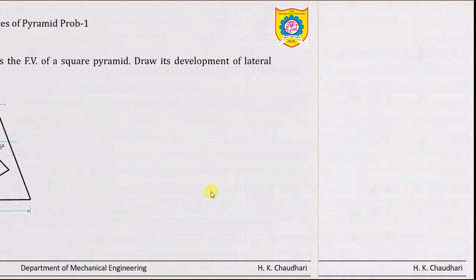So first draw the diagonals, the position of the diagonal in the top view. As we know, the length of the diagonal is given as 50 mm. So first of all, try to draw the end projector of that diagonal.